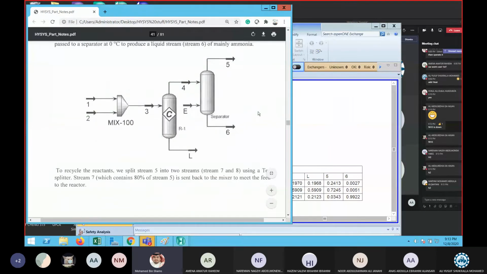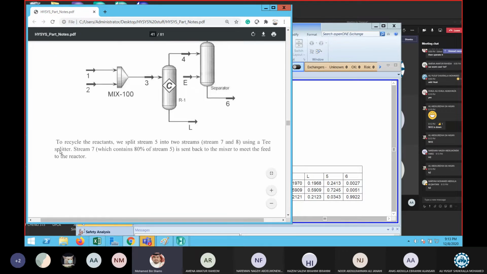So what do we want now, guys? It says to recycle the reactant we have to split stream 5 into 2 streams, 7 and 8, using a T splitter.